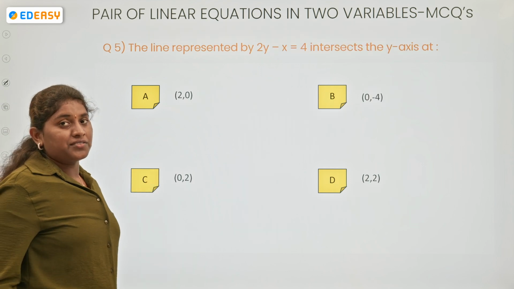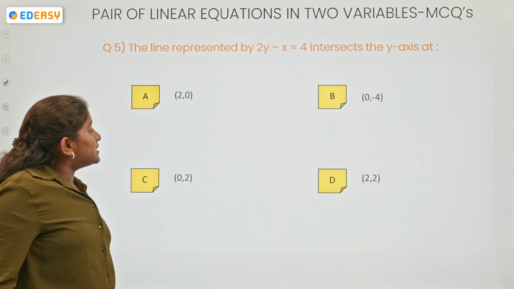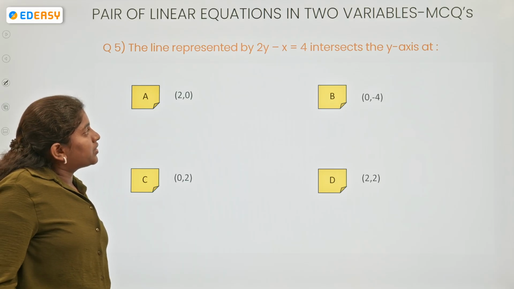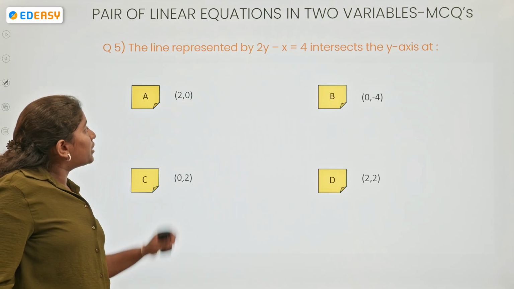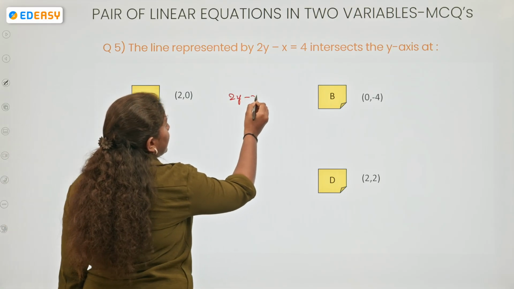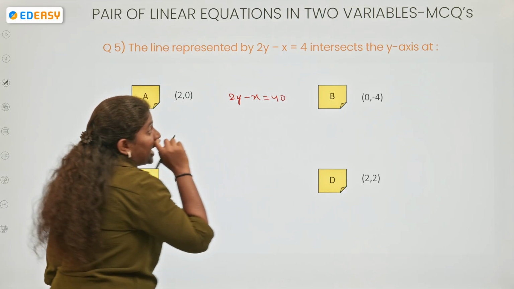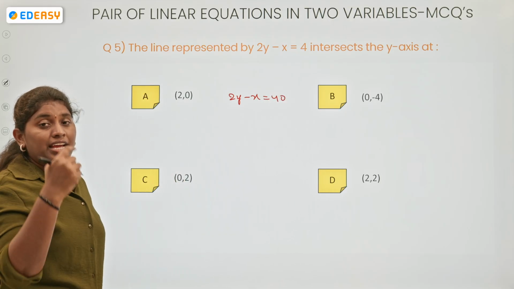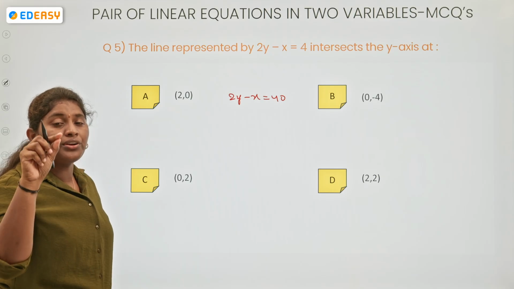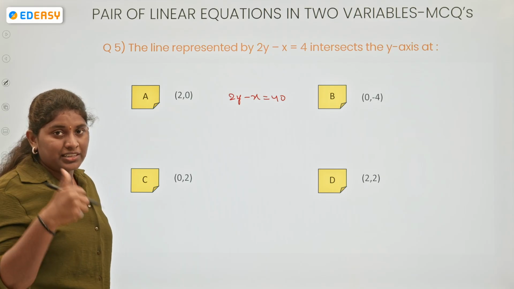Okay, let's solve the next. If the line represented by 2y minus x equals 4 intersects the y-axis at, so we have a line represented by 2y minus x equals 4 and it is going to intersect the y-axis. You need to find the point where this line intersects your y-axis. Clear?